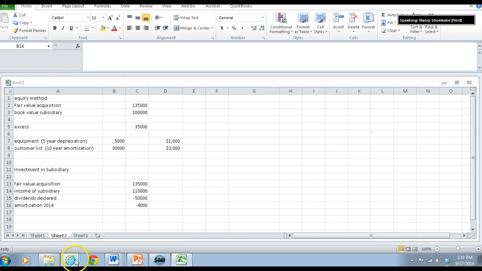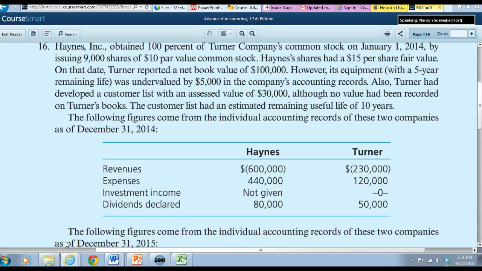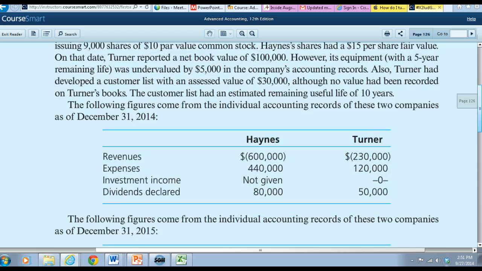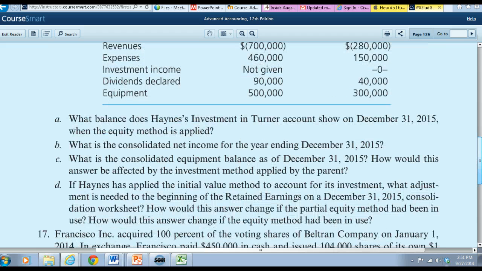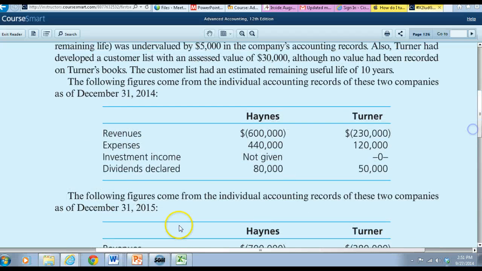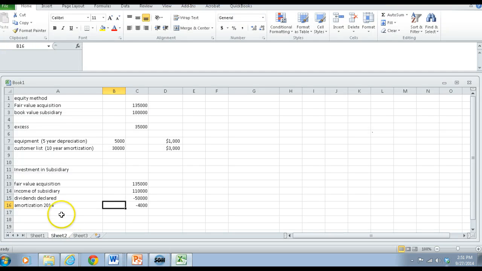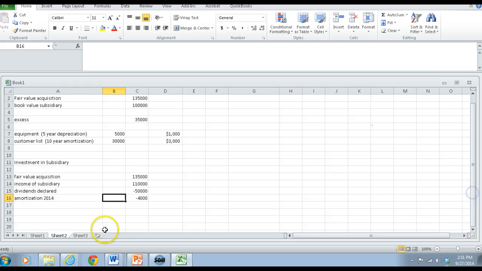And I believe they want to know what balance it shows in 2015. So we're going to need to do all this information again for 2015. So the income of the subsidiary for 2014, dividends for 2014.